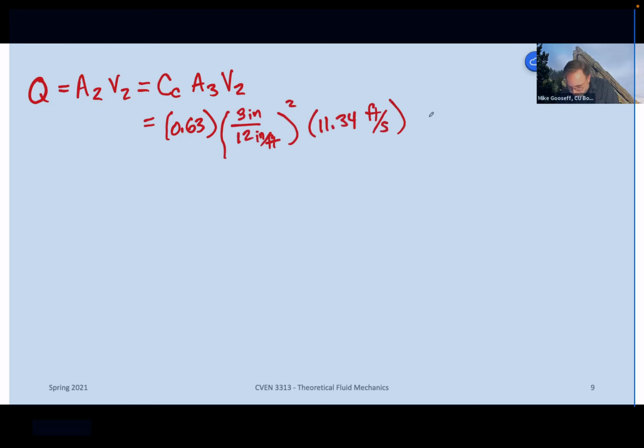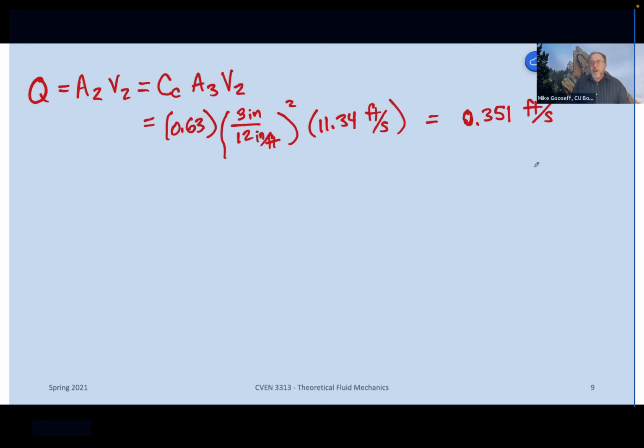And when you work this out, you end up with a flow rate of 0.351 feet cubed per second before you account for significant figures. So with A3, all we were really doing was penalizing that cross-sectional area to make sure that the right velocity and area were accounted for there.